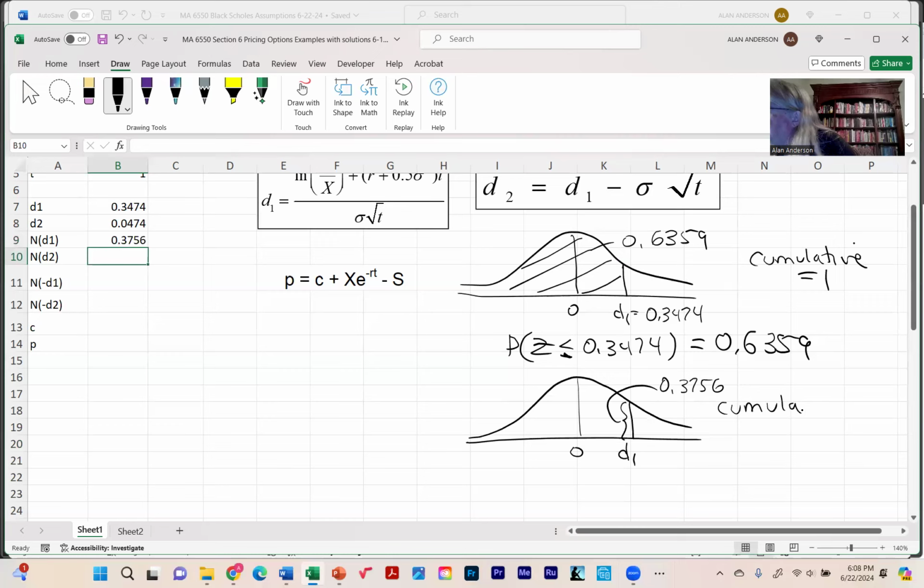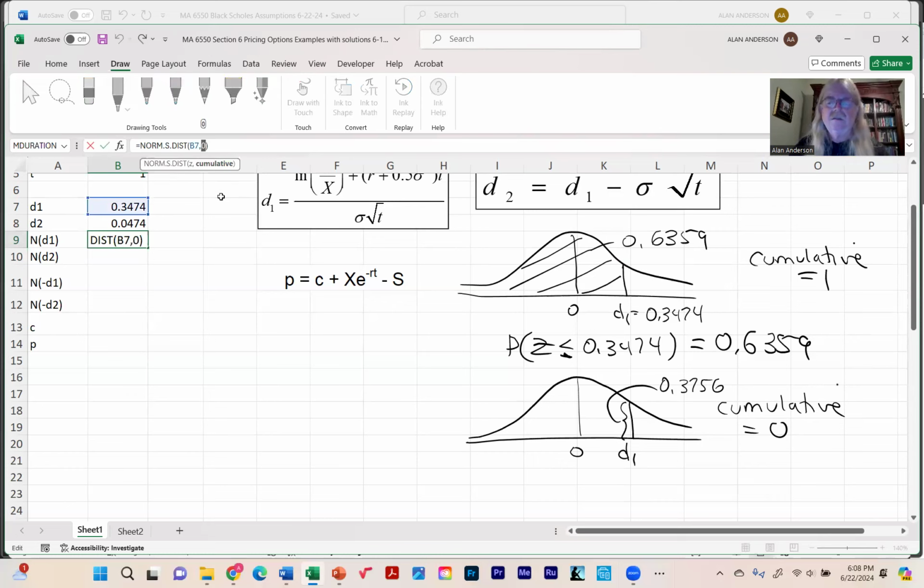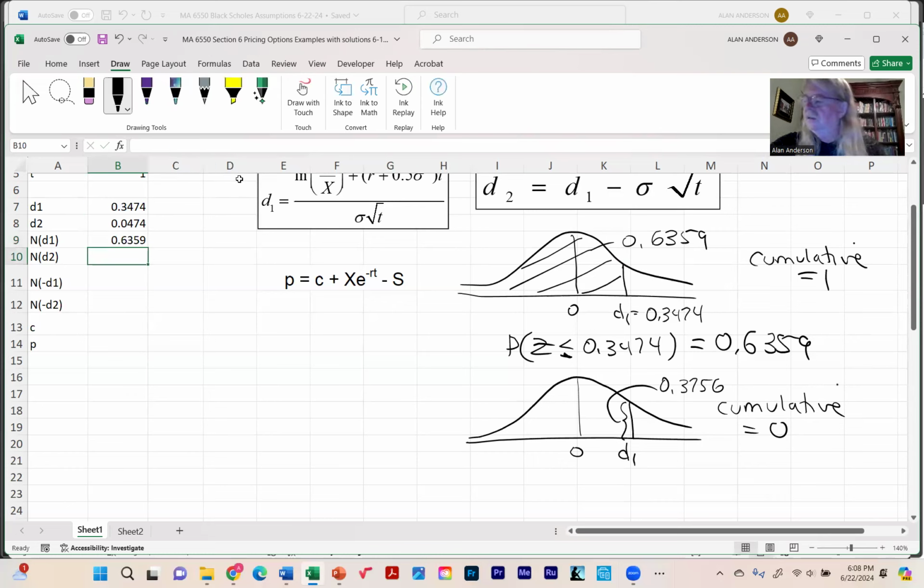But we'll see later on, we do need to use this function here for other applications. We don't want to ignore it. And so the notation that Hull uses in his book is, this is written as N of d1, and this one is written as N prime of d1.